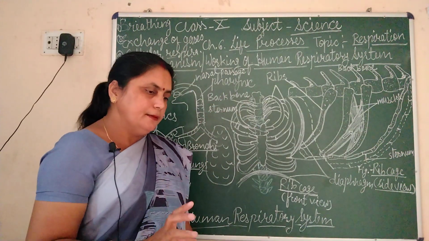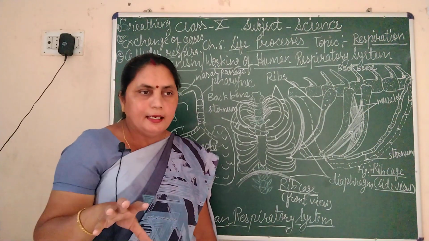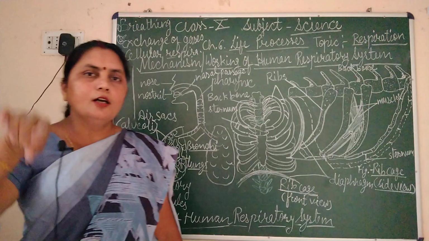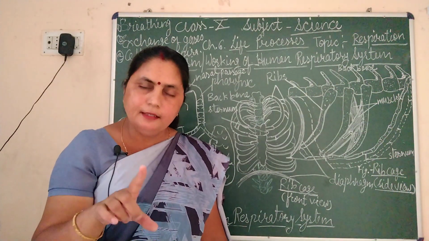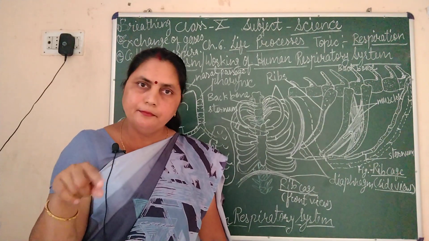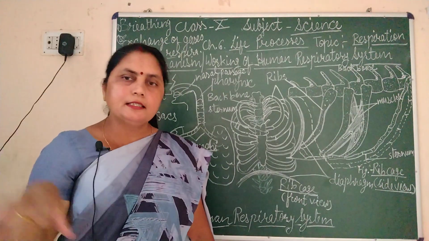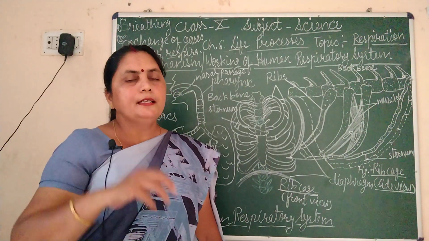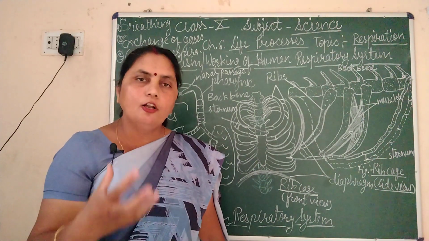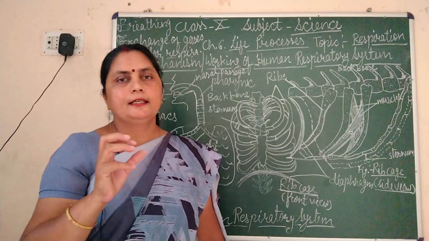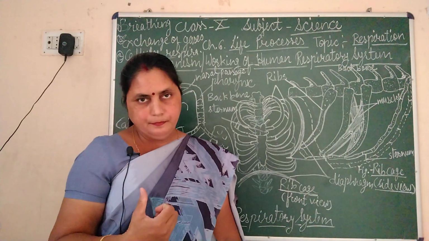So children, when air sacs are fully filled with air, at that time the blood capillaries which are present in the walls of air sacs have some blood in them, and this blood has come from various parts of our body. So when it is coming from various parts of body, it has a lot of carbon dioxide in it, which it has brought from all the parts of body.